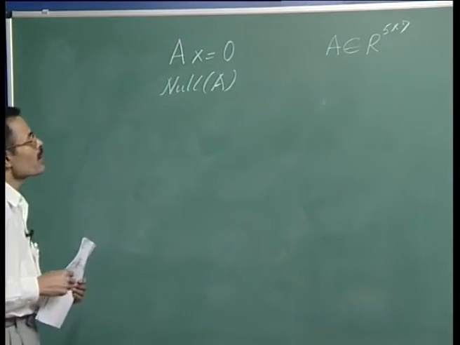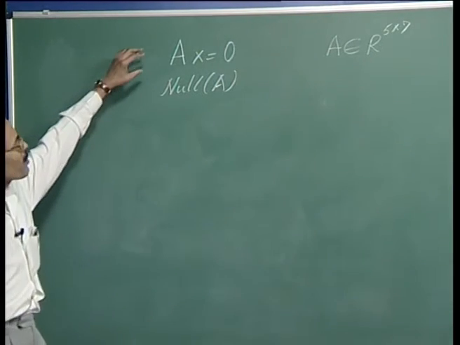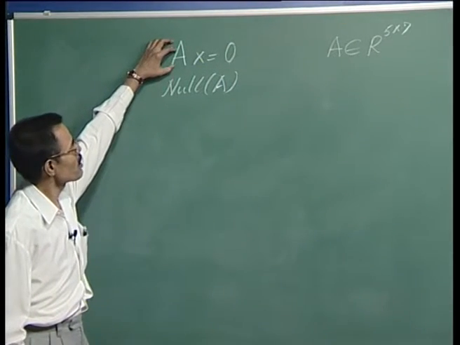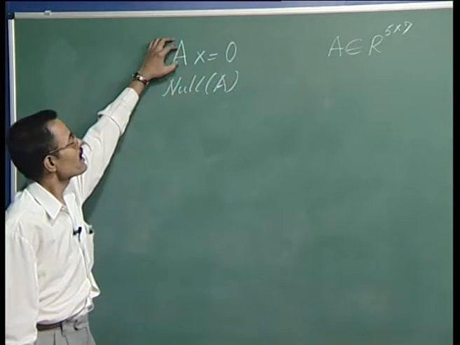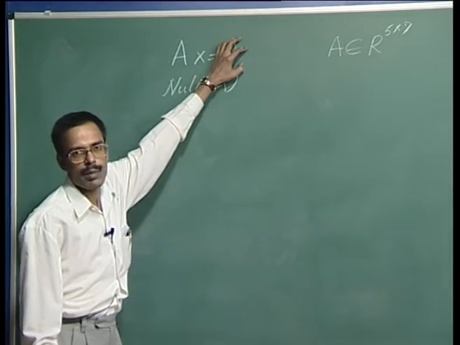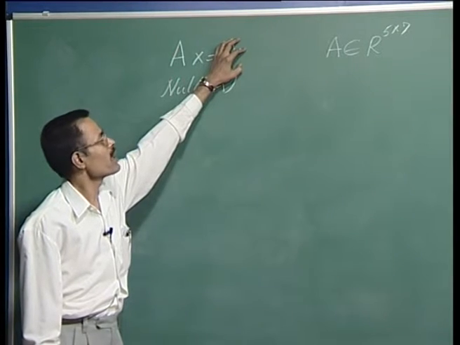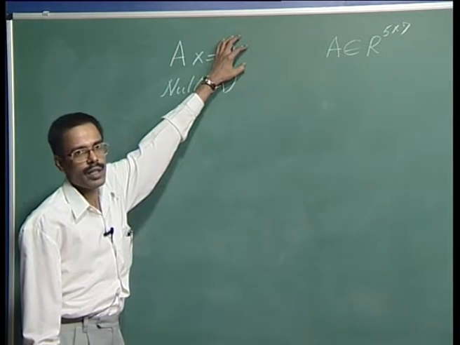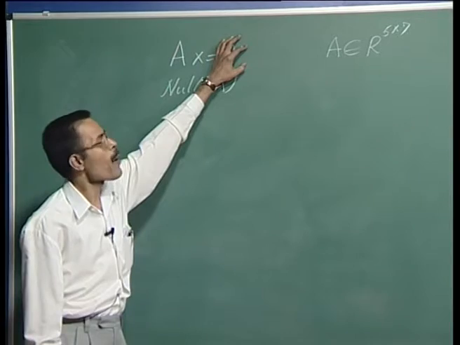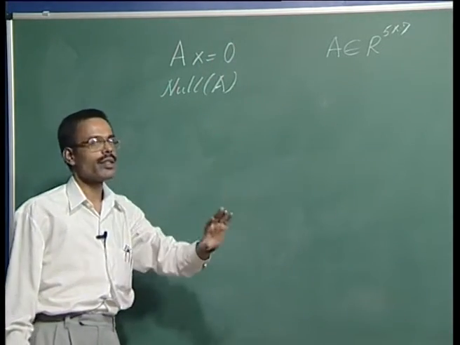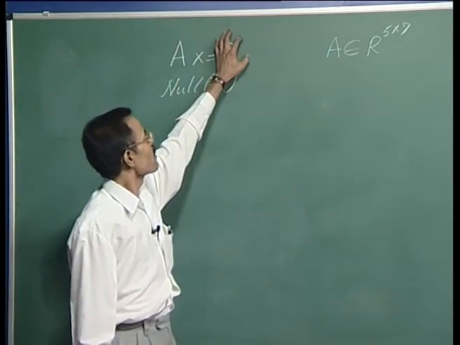Now, note that if we apply an elementary row transformation on A on this side, then on that side we will be applying the same elementary row transformation on 0, and whatever elementary row transformation we apply on the 0 vector, it will still result in 0. That is why it is not necessary to go on writing the 0 on this side.